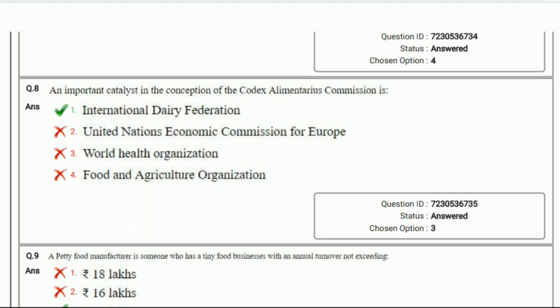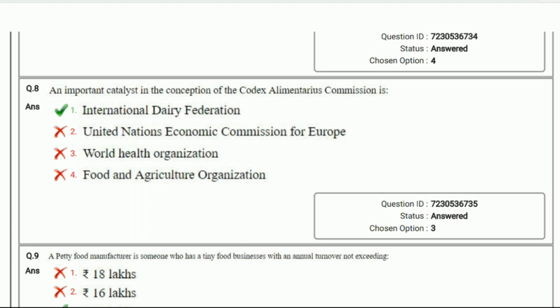Then the joint FAO and WHO committee began its work in 1958 on codes for milk and milk products, and they modified these codes and procedures made by IDF, and used them as the codes for CAC for the development of worldwide Codex standards.